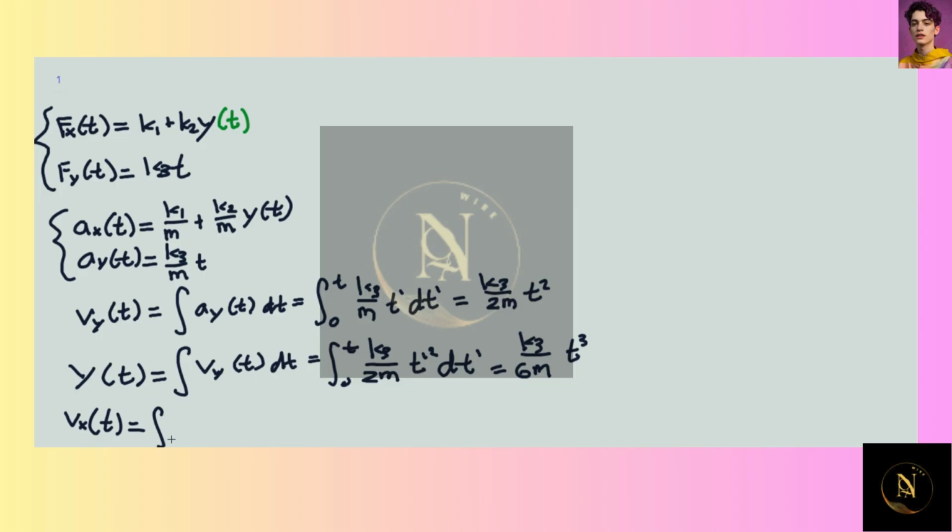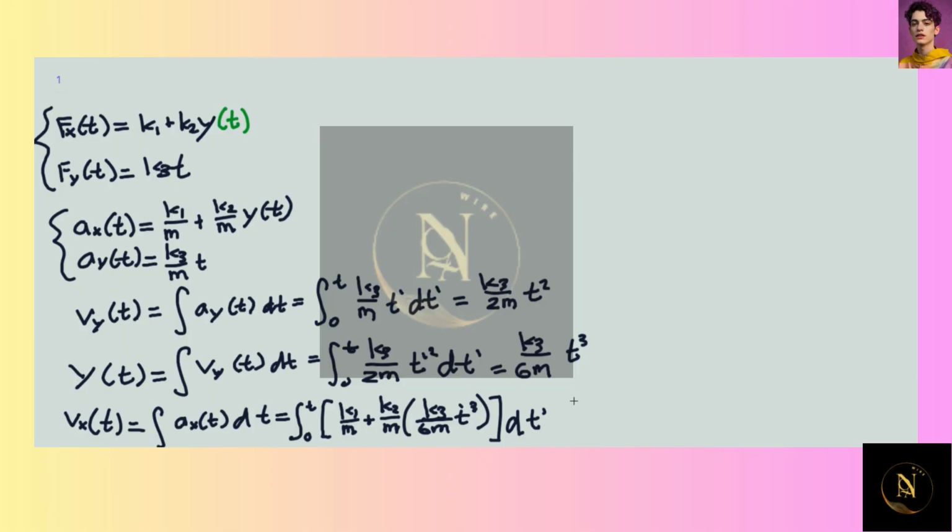It's the same procedure, but it will look a little bit more complicated because we do have that coupling. So it's going to be the integral of acceleration. But what acceleration is it? It's k1 over m plus k2 over m multiplied by what we just found, which was k3 over 6m t prime cubed, whole thing integrated over dt.